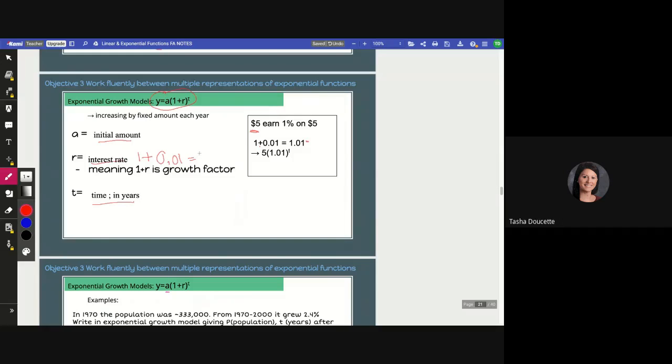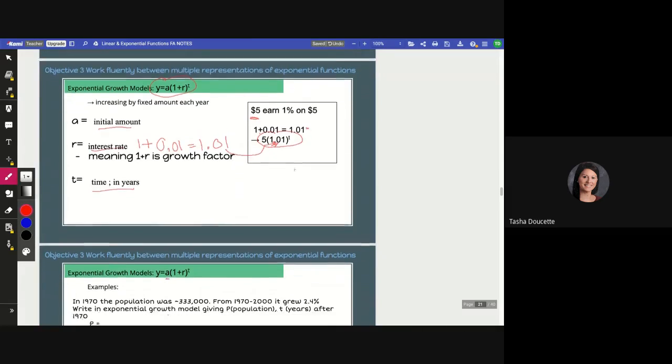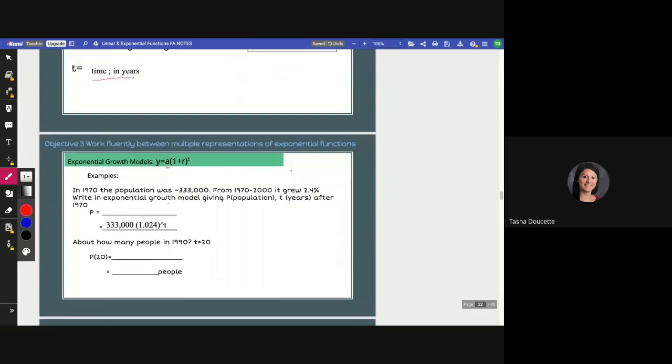So your interest rate is going to be 1.01, which we have right here. That's your equation, 5 times your interest rate to the t power. If they were to ask how much you earned in 10 years, you plug 10 into your t to find your amount.